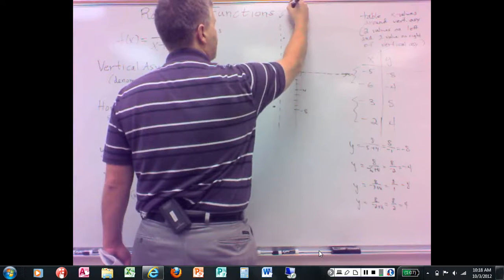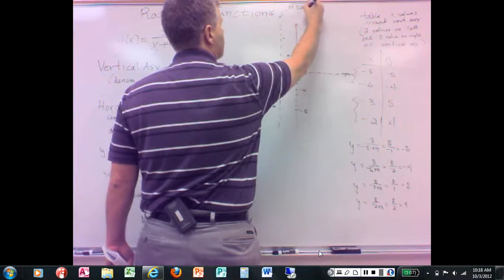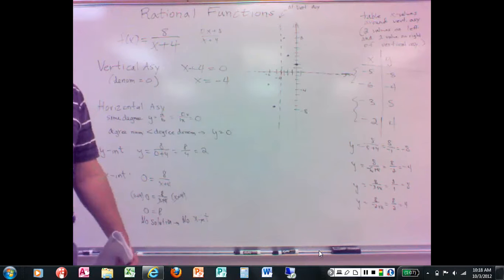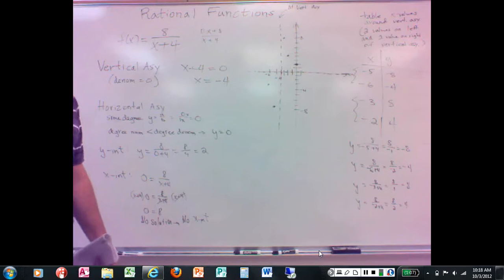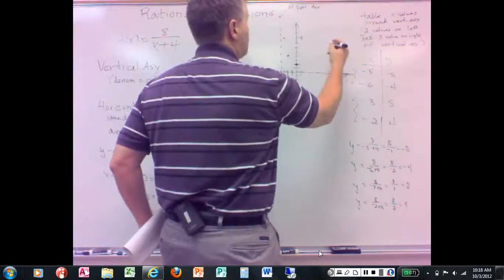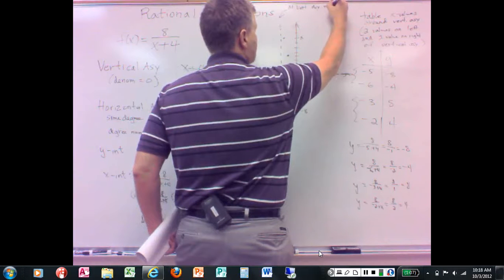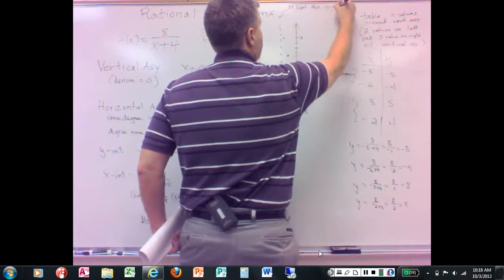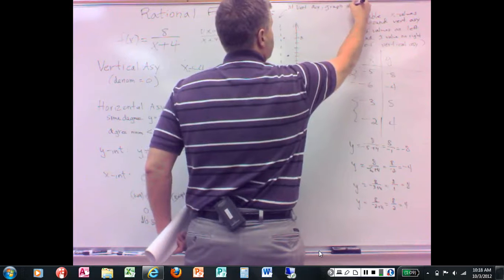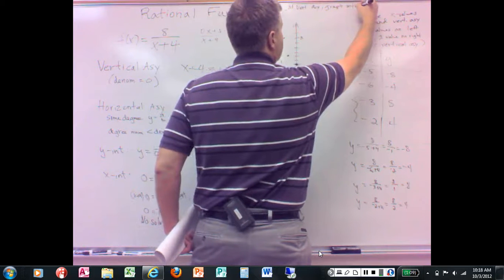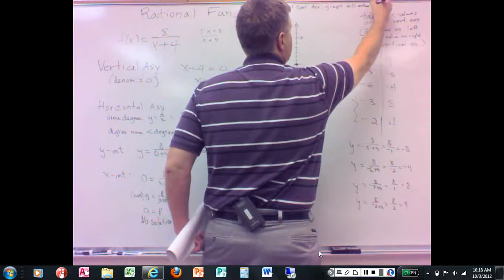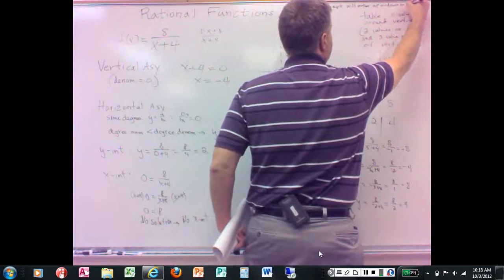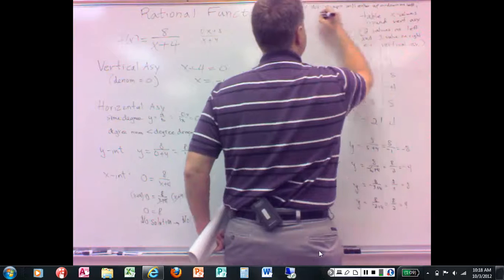All right. So at the vertical asymptote, the graph will either go up or it will go down, and that's on either side. It will go up or down on the left, and then up or down on the right.